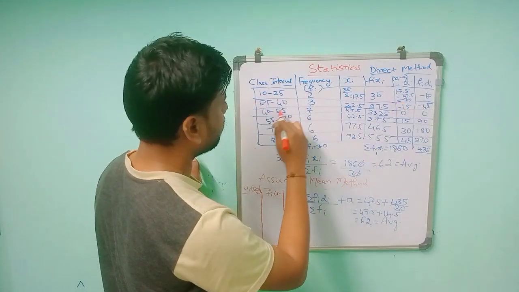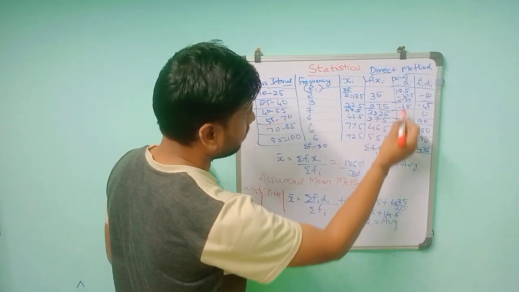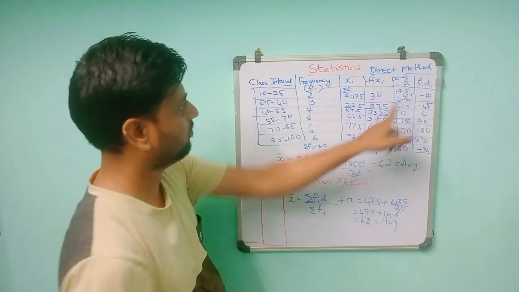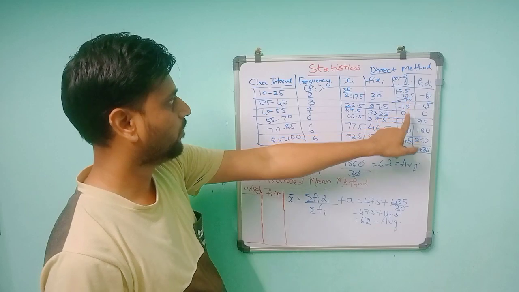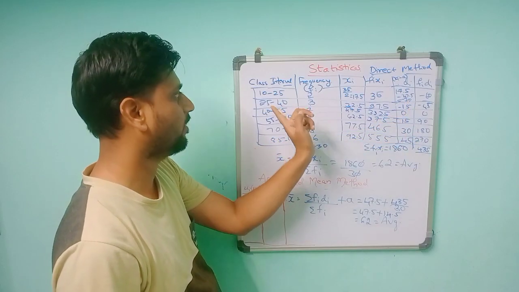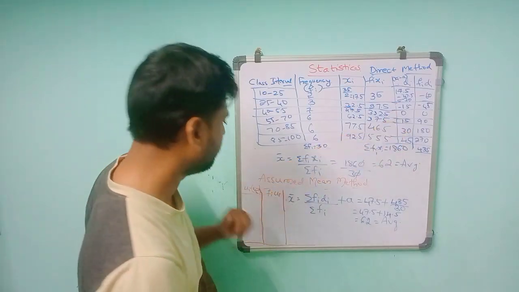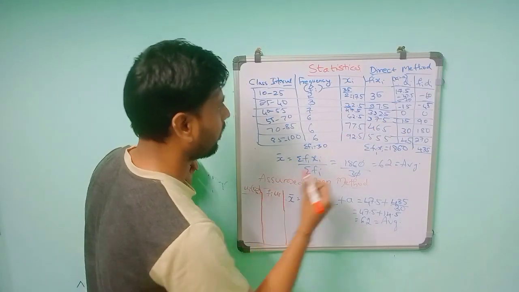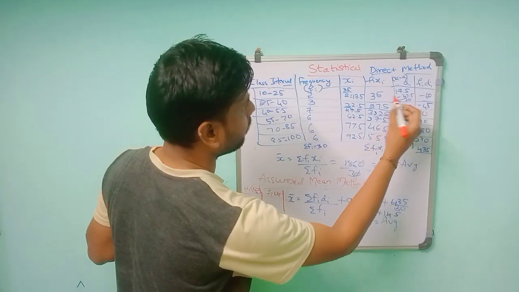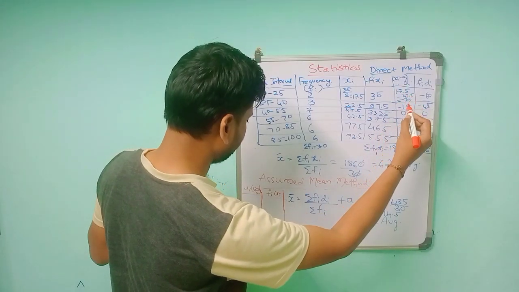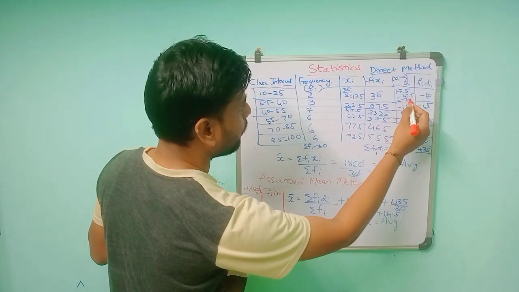If it is different ranges, then you have to take the common divisor of these values. So if it is 30, 15, it will be 15. Here they directly give 15, so I have taken 15. In the next problem, I will tell you. Then ui is equal to xi minus a by h. So we got this xi minus a, di is minus 30.